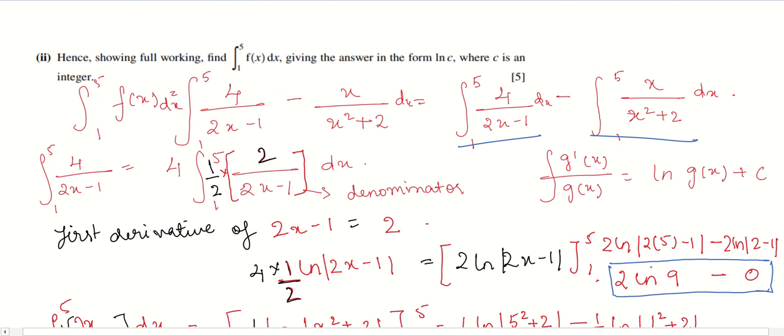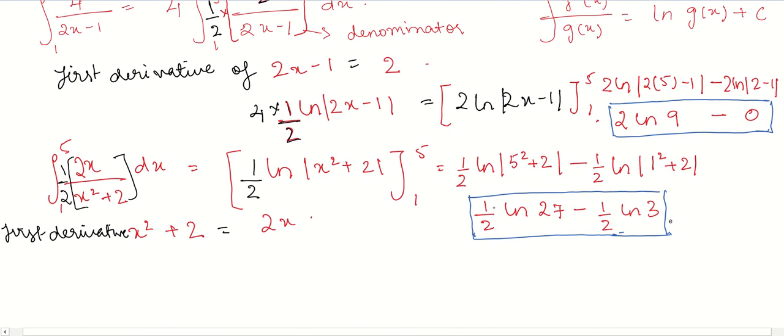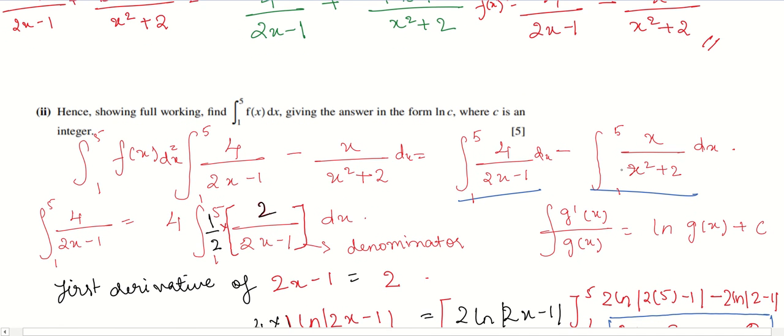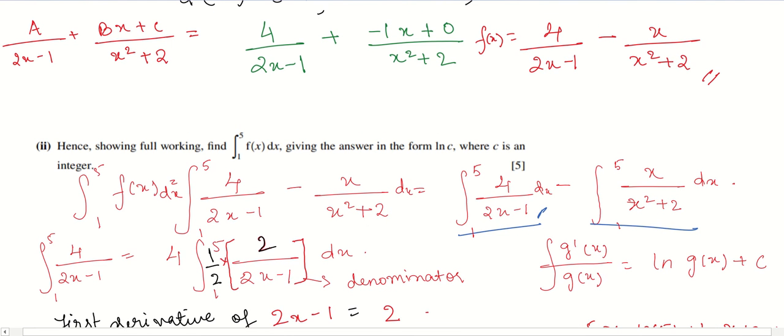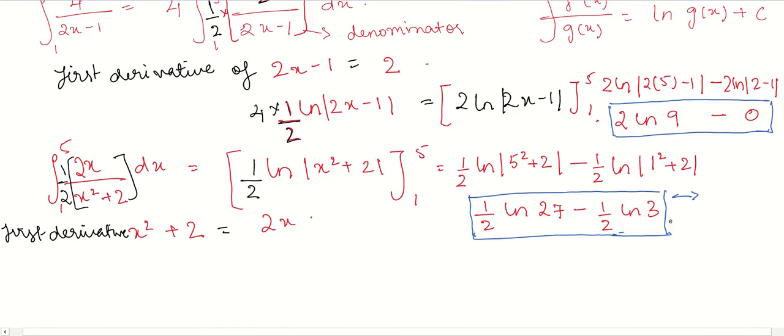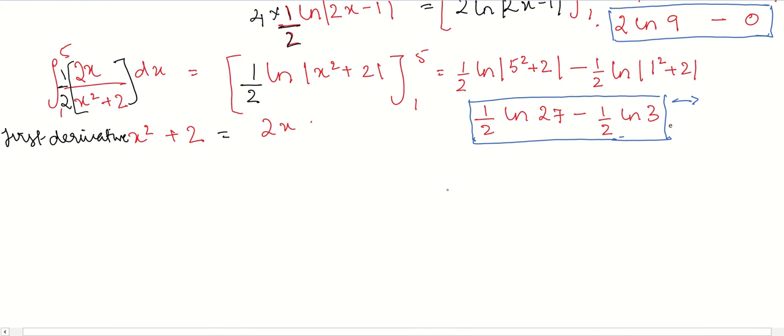We found 2 ln 9 for this one, and we found this one for x divided by x squared plus 2. So we'll have to subtract it.